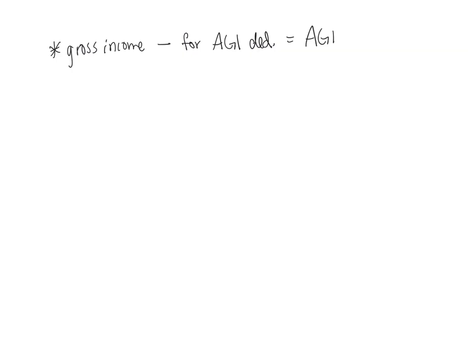So let's get our starting point. This is going to be the easy number. Let's find our gross income. In the fact pattern, it tells us that the Johnsons received $255,000 of gross income.